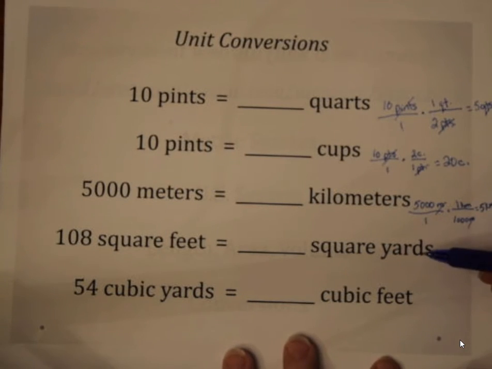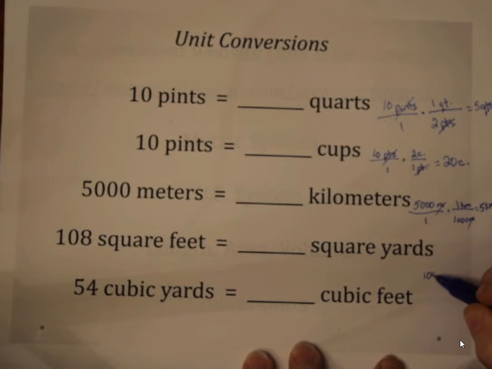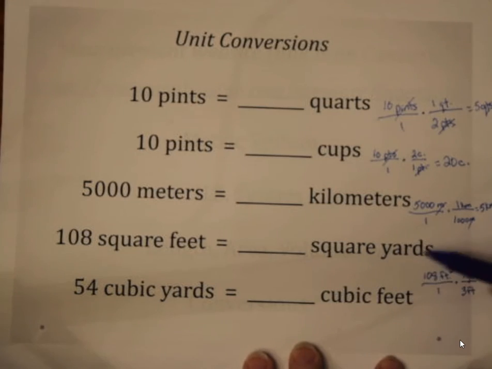Okay, and 108 square feet is equal to how many square yards? So if we have 108 square feet over 1, well, we know there's 3 feet in 1 yard, but we need square yards. So we're going to square all this.